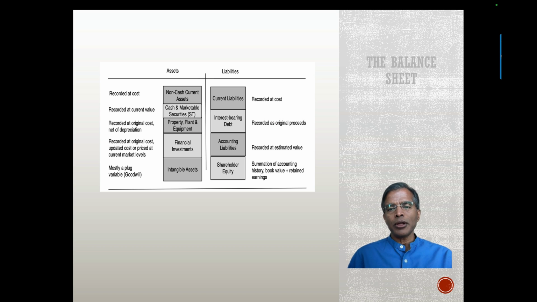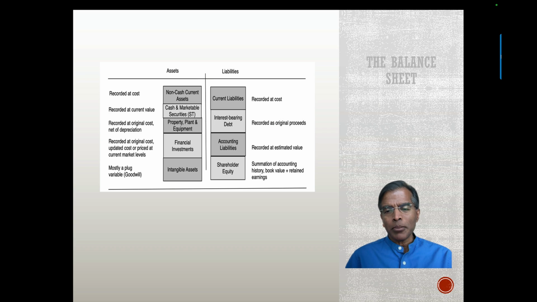When you look at an accounting balance sheet, you get a mix of rules based upon what is being measured. So if you're looking at non-cash current assets, land, building, equipment, when we're talking about non-cash current assets, we're talking about inventory, receivables. They're usually recorded at cost, and that cost is pretty close to current market value. Cash and marketable securities, thank God, is usually recorded at current value.